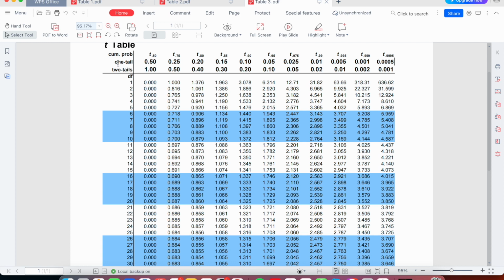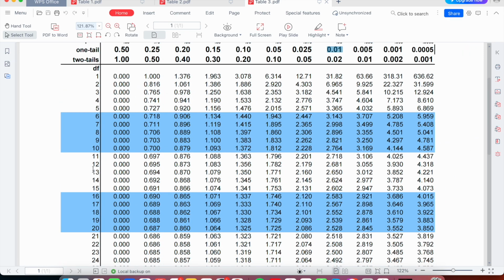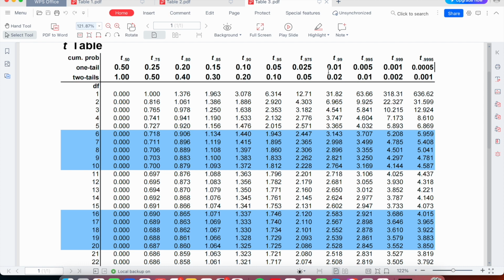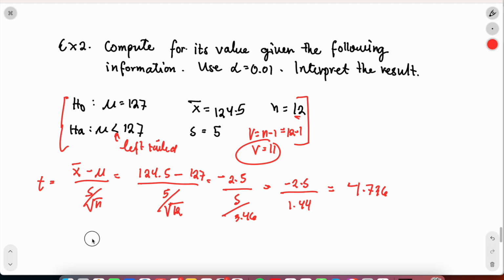It's a one-tailed test, and alpha is 0.01, and the degrees of freedom is 11, so the t crit is 2.718. So let's go back. Our t crit is plus or minus 2.718.